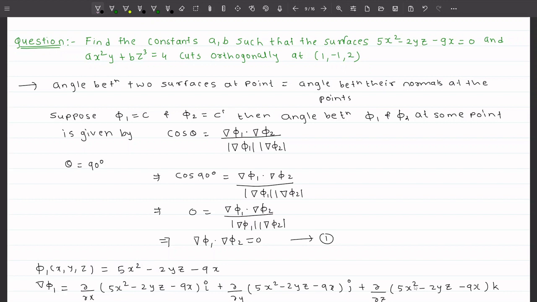So that means the surface ax²y + bz³ equals 4 satisfies this point, correct? So suppose we put x equals 1, y equals −1 and z equals 2 in this equation, so we will get another equation in terms of a and b.